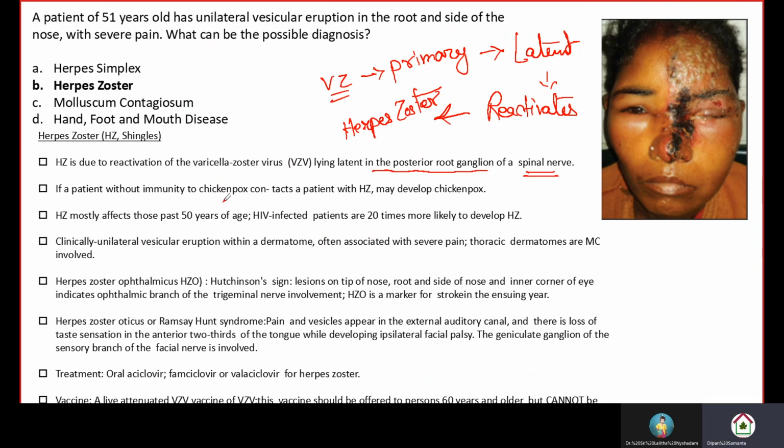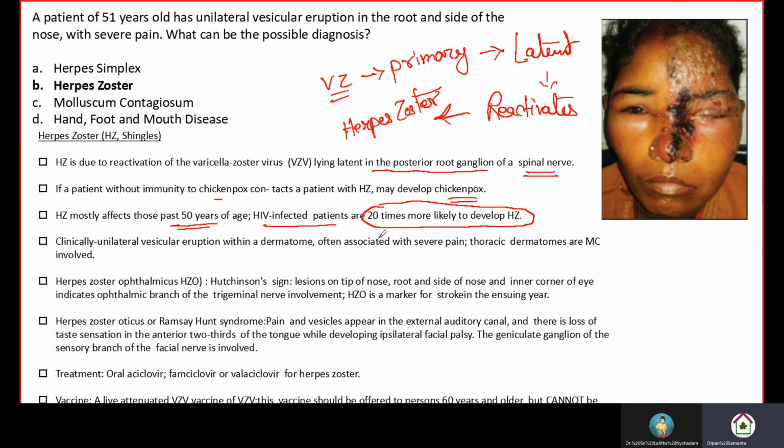If a patient without immunity to chickenpox comes in contact, then they may develop chickenpox also. Mostly those after 50 years of age are affected, and HIV infected persons are 20 times more likely to develop herpes zoster. Very common for HIV positive patients.